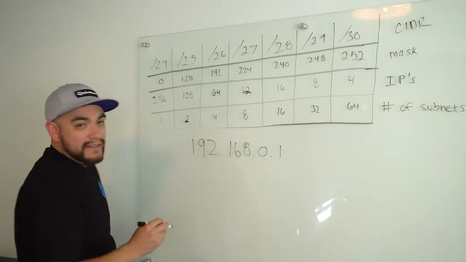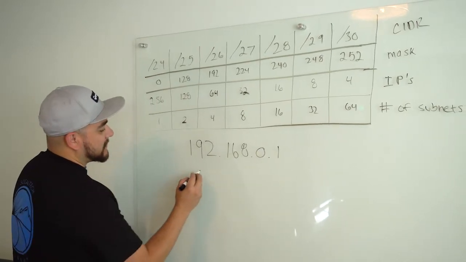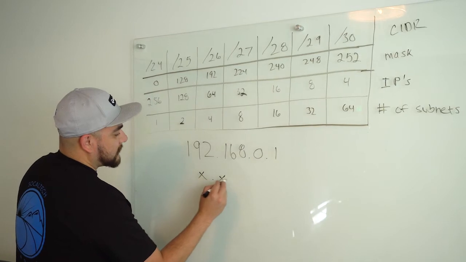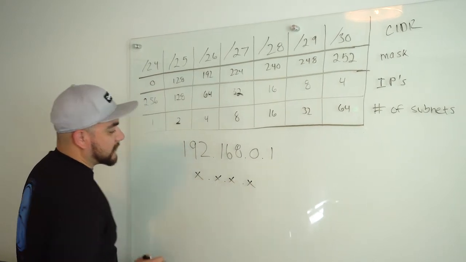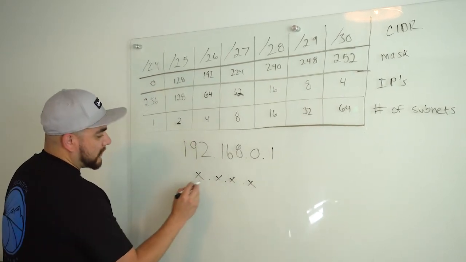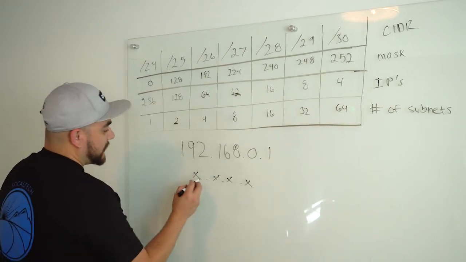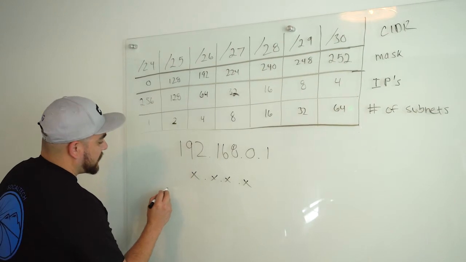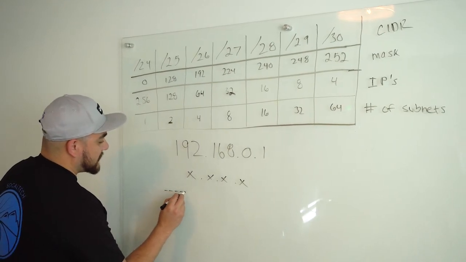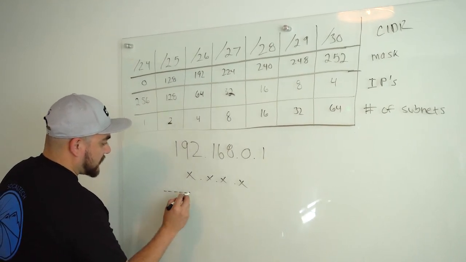So an IP address has 4 octets: 1, 2, 3, 4. We call them octets because within each octet there are 8 bits: 1, 2, 3, 4, 5, 6, 7, 8.